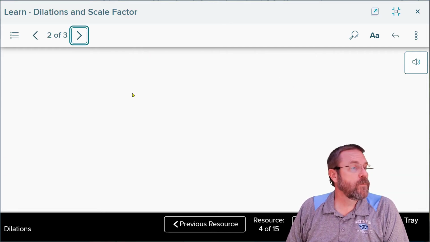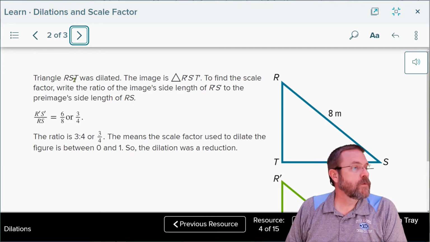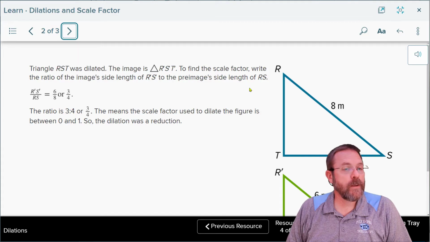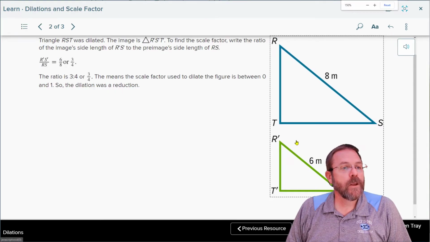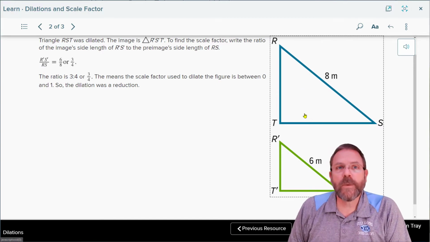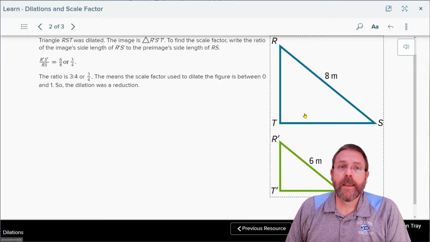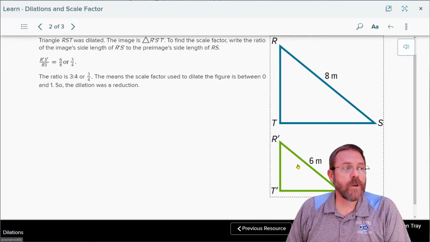So, moving forward from there, we can see triangle RST was dilated to triangle R prime S prime T prime, and taking a look right here, do you think that scale factor is going to be greater than 1, equal to 1, or less than 1? It's going to be a number less than 1 because we're going from a bigger figure to a smaller figure.